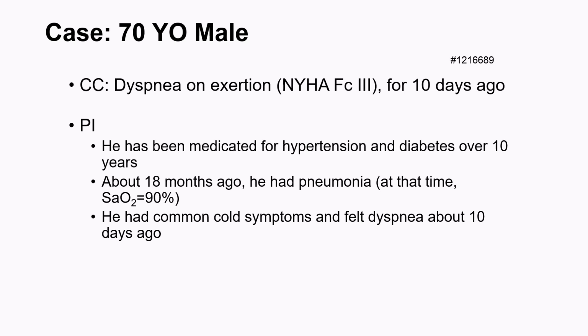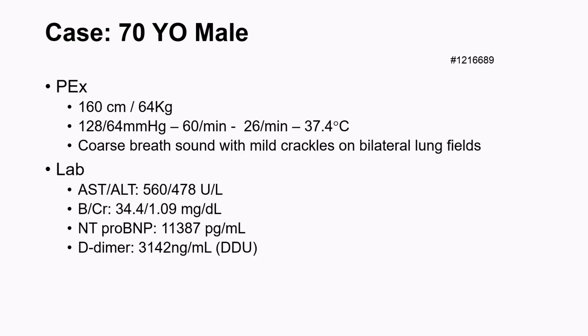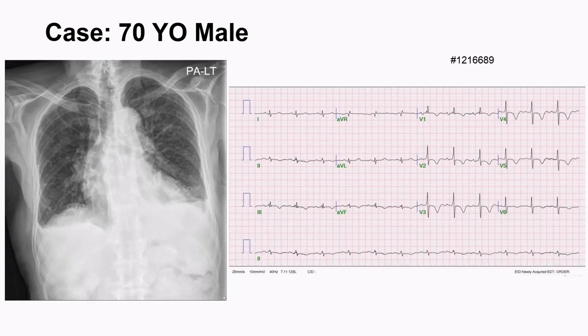He had a common cold symptom and felt dyspnea about 10 days ago. The NT-proBNP level and the D-dimer level are elevated. Chest X-ray shows cardiomegaly with blunting of bilateral CPA, and his ECG shows an RVH pattern.